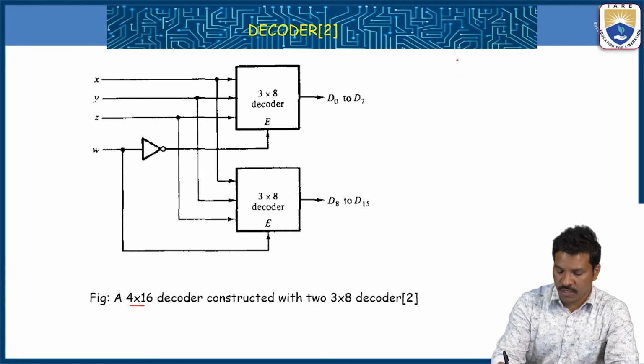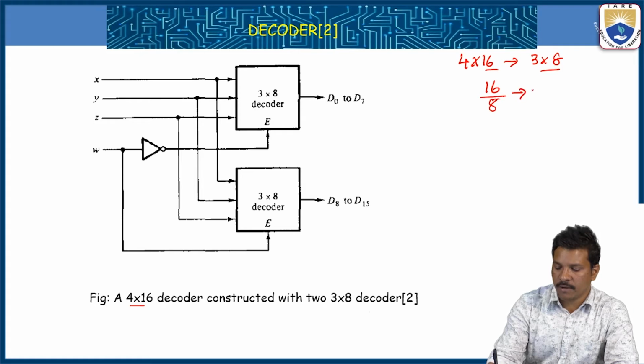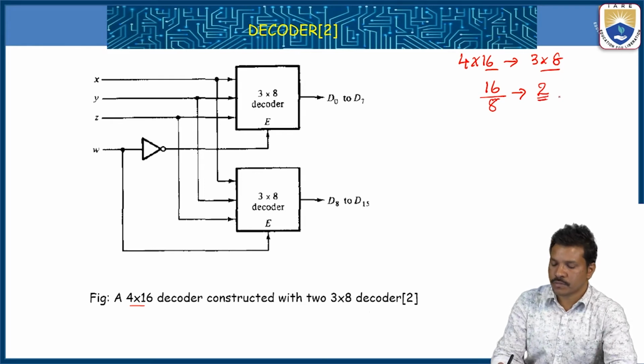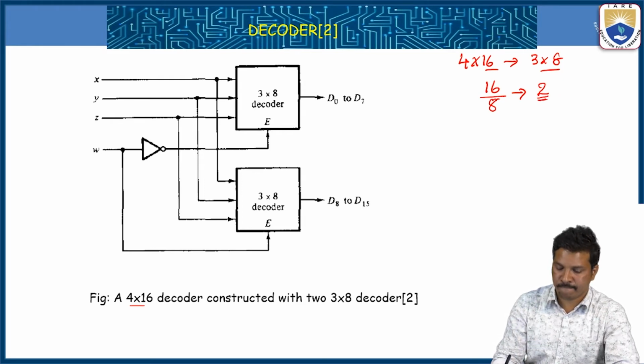So if I take the 4 by 16 using 3 by 8, divide 16 by 8, you will get 2. That means 2 decoders are required. So again, 3 to 8 decoders are required.